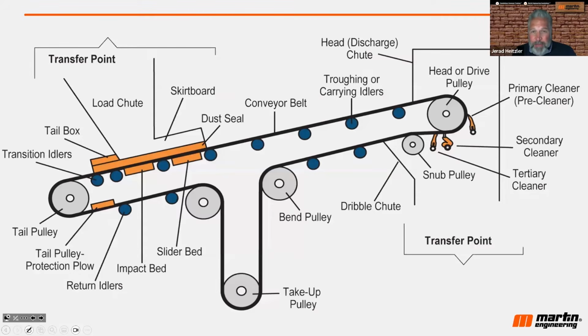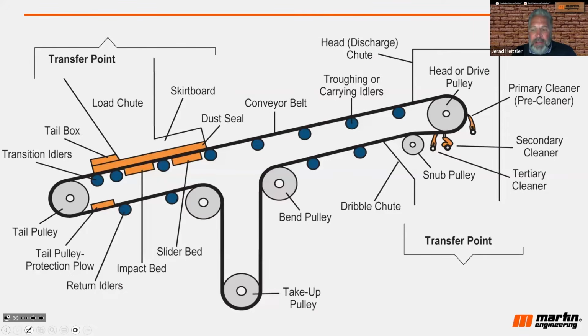It's also very difficult to seal spillage and dust at a transfer point when a facility insists on using winged tail pulleys. Now, the intent of a winged tail pulley is to prevent damage if a piece of material were to get wedged in the pinch point between the belt and that pulley.